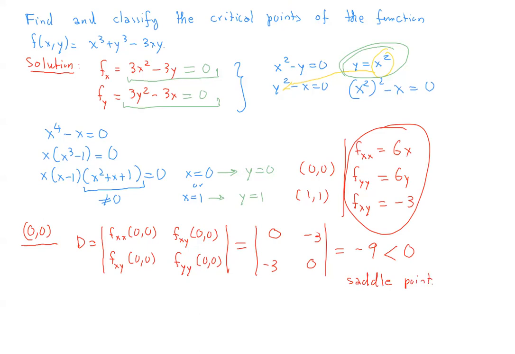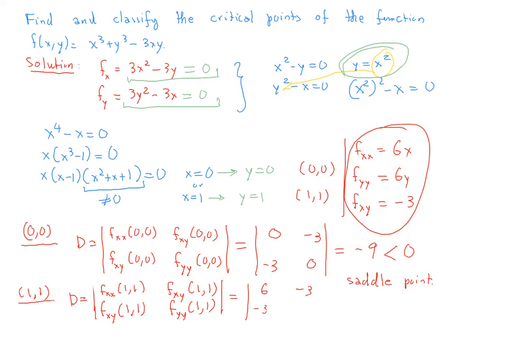Okay, let's see what happens with (1, 1). So I will take D to be f xx at (1, 1), f xy at (1, 1), f xy at (1, 1), and f yy at (1, 1). And this will give us what? 6. Again, -3.